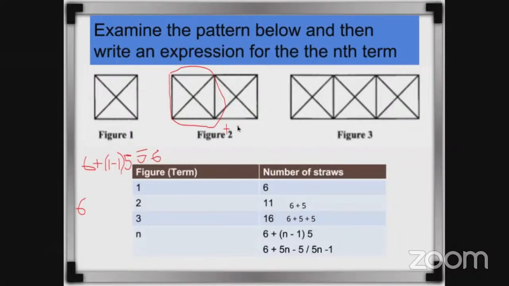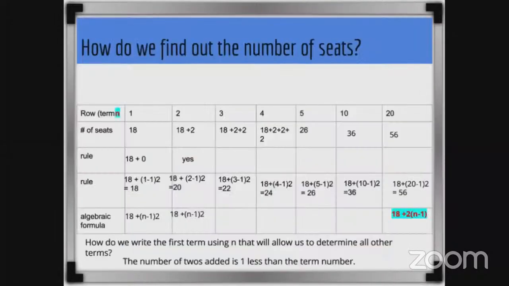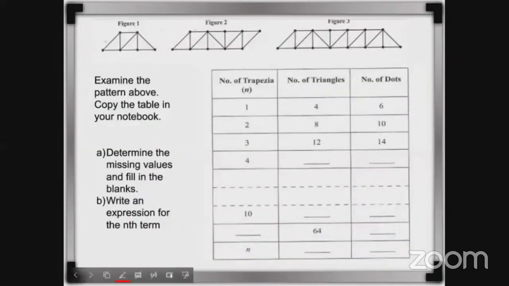Okay? Yes, miss. How many sets of 5 did we add here? We added 5 here. Oops. Sorry about that, guys. Are you seeing the figure? Yes, miss. All right. So we added, where's my thing?